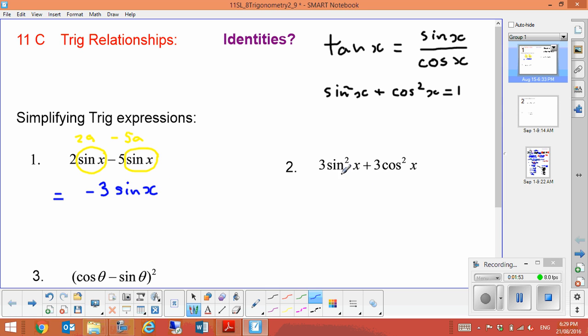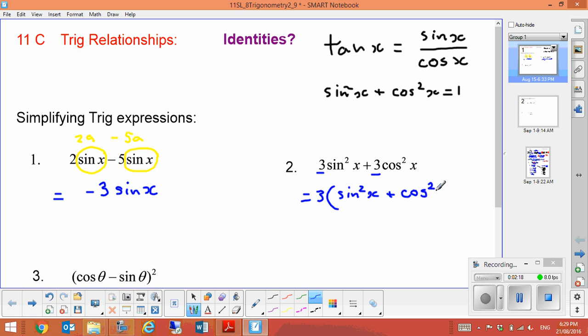In this one here, we've got 3 sine squared x plus 3 cos squared x. If we want to simplify that, hopefully you may recognize we have a common factor. So let's factorize out the 3, and we come up with 3 times sine squared x plus cos squared x.